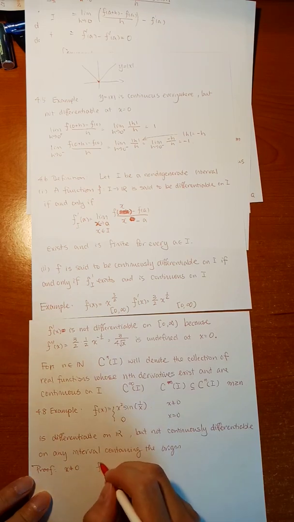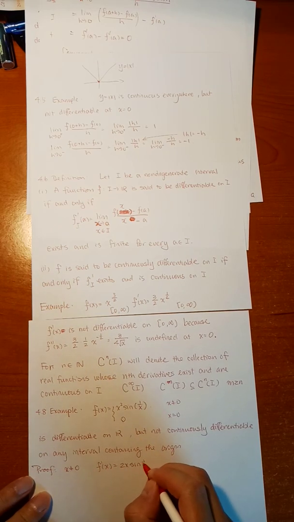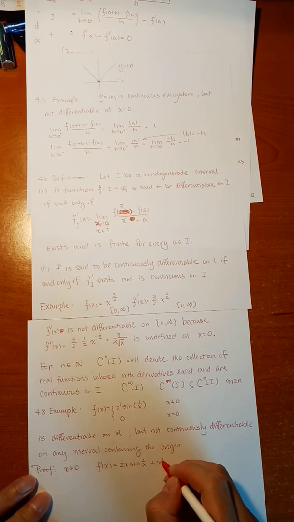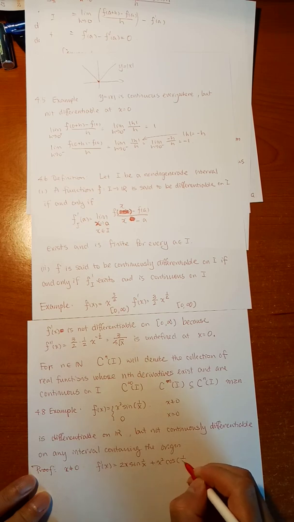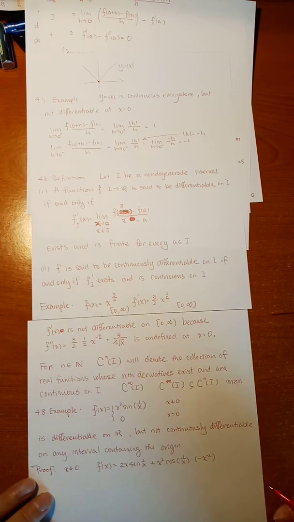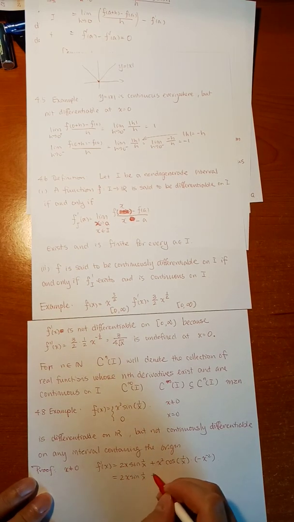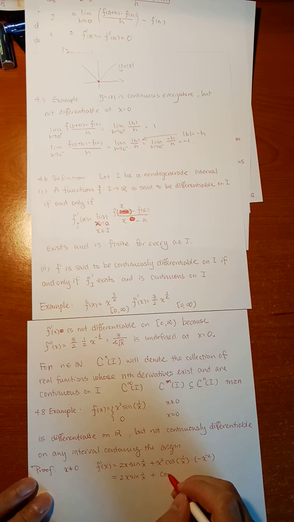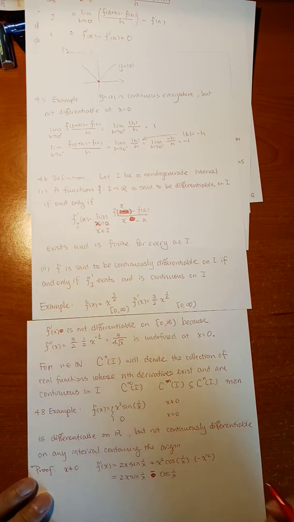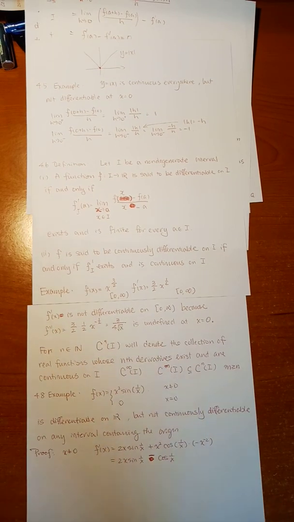So f prime of x equals 2x sine 1 over x plus x squared cosine 1 over x times negative x to the negative 2. So it is 2x sine 1 over x minus cosine 1 over x. Okay, so this is the derivative at x.